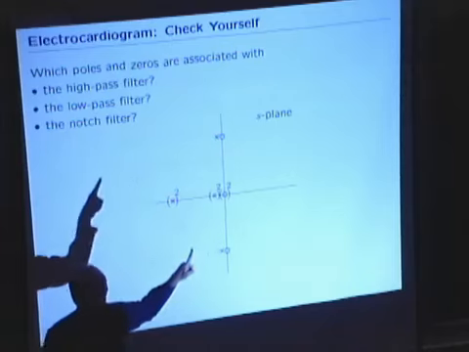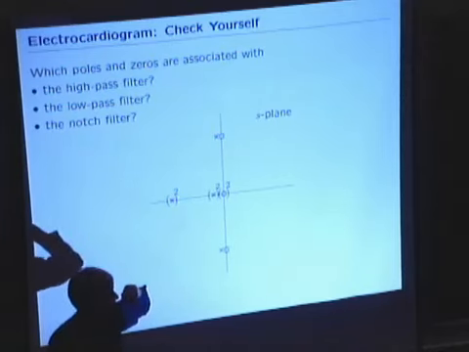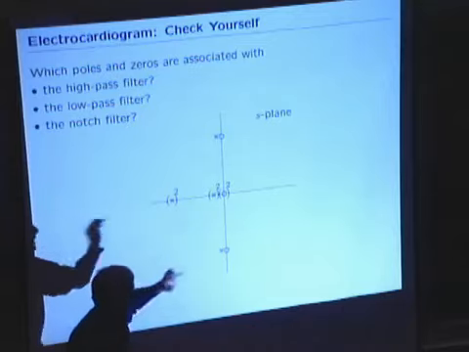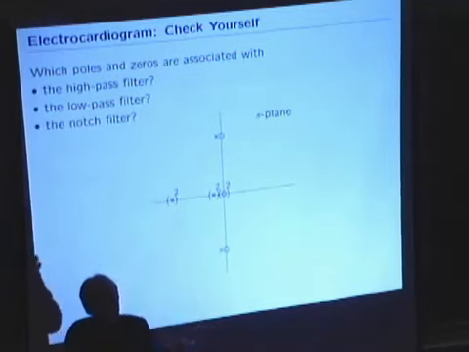Or one of each or both or what? So what would the Bode plot look like if you only had the zero? Yeah. So the zero alone would cancel out frequency components at zero, which on a Bode plot is way over there, right? What about these poles?